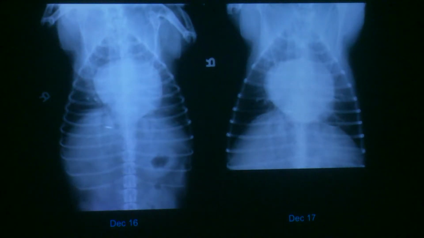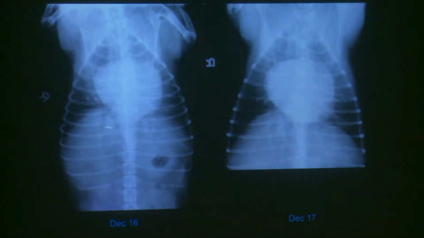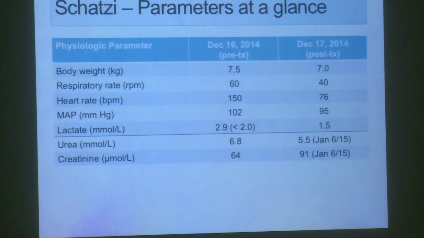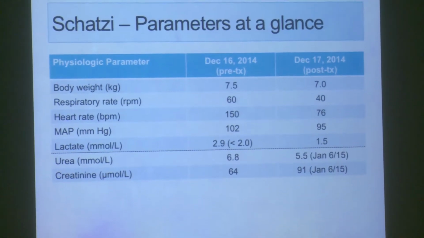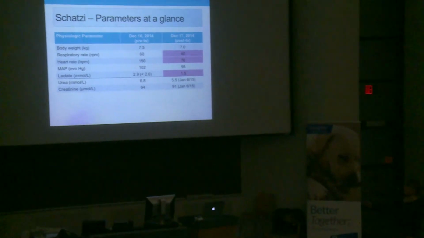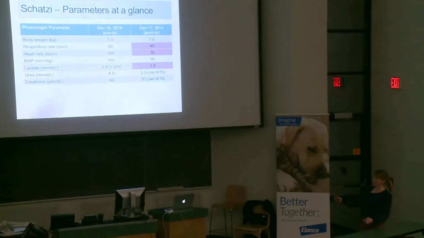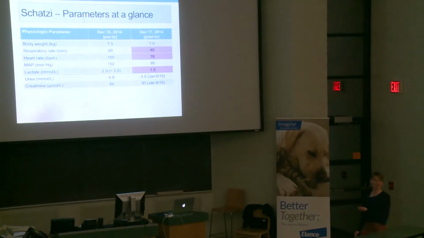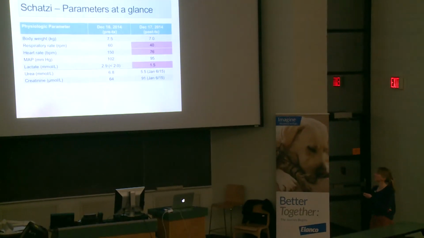And then if we just take a quick peek at some really simple clinical parameters, other things that we're looking at. So here's our pre-treatment and post-treatment, things like body weight, respiratory rate, heart rate, blood pressure. And what can we focus on here? Well, we can see her respiratory rate from her pre-treatment to her post-treatment. It's certainly come down. It's not normal, but it's come down.